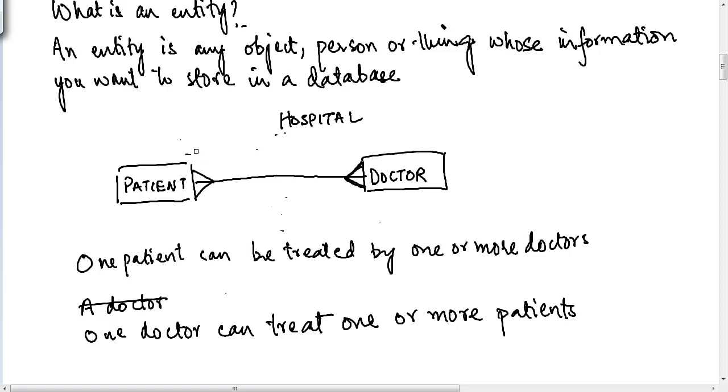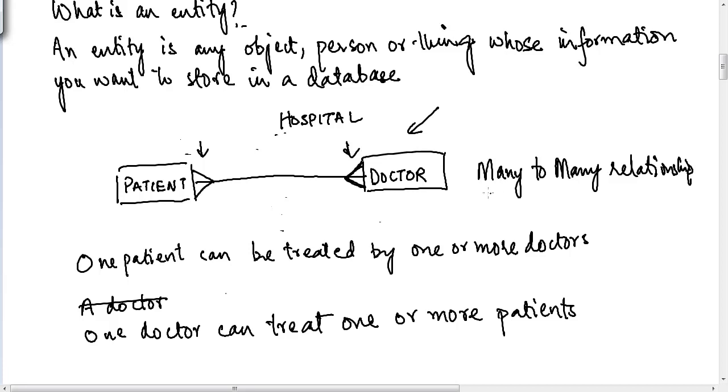Okay, so now when we take a look at this diagram, we can say that the relationship between the patient to doctor is a many to many relationship. It is a many to many relationship. Note, there is a many here and there is a many here also. That's why we have said that the relationship between these two entities is a many to many relationship.